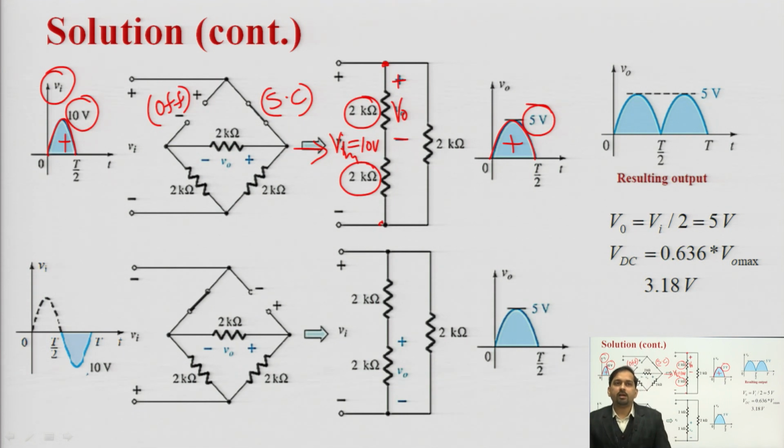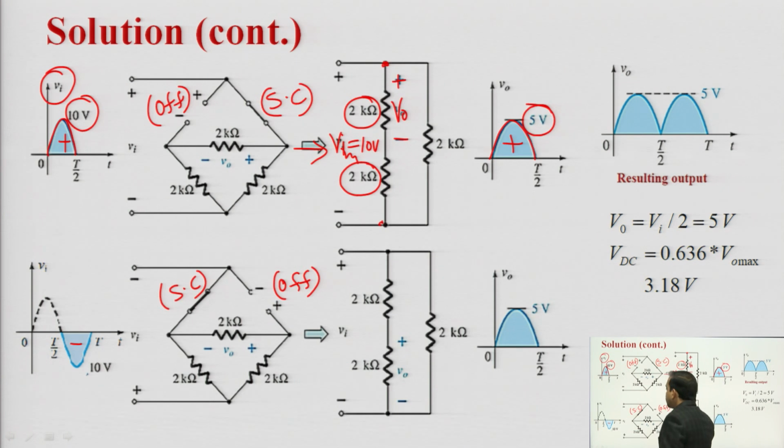Again we will draw the equivalent circuit now in the negative half cycle. In the negative half cycle we can clearly observe that diode D2 is off and diode D1 is on. On means it is short circuited. So once this diode is short circuited, we draw the equivalent circuit, and the final representation is something like this.